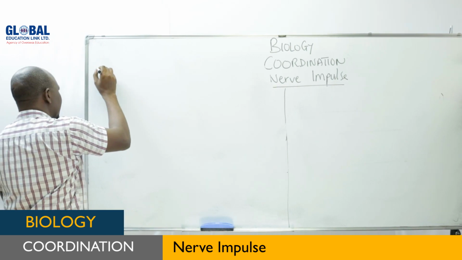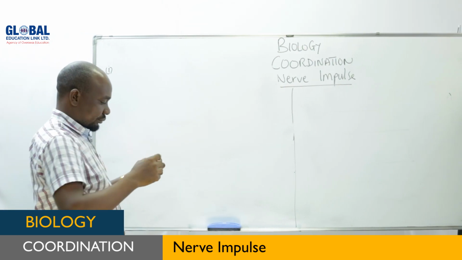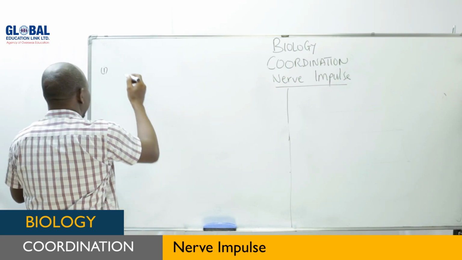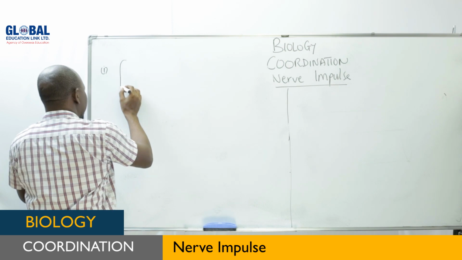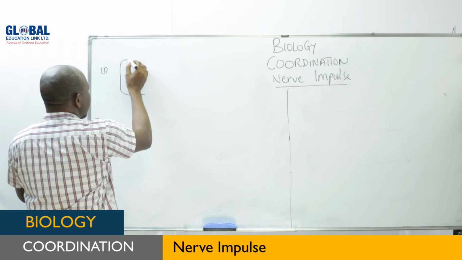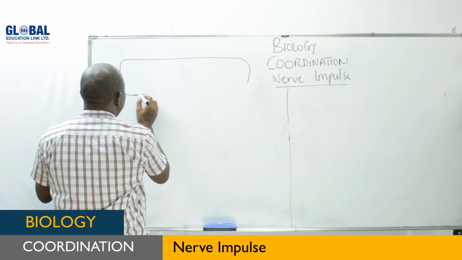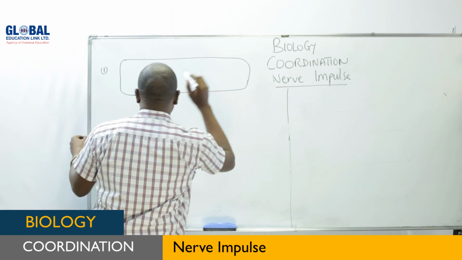First, the axon membrane, when it is at rest, is positively charged outside.